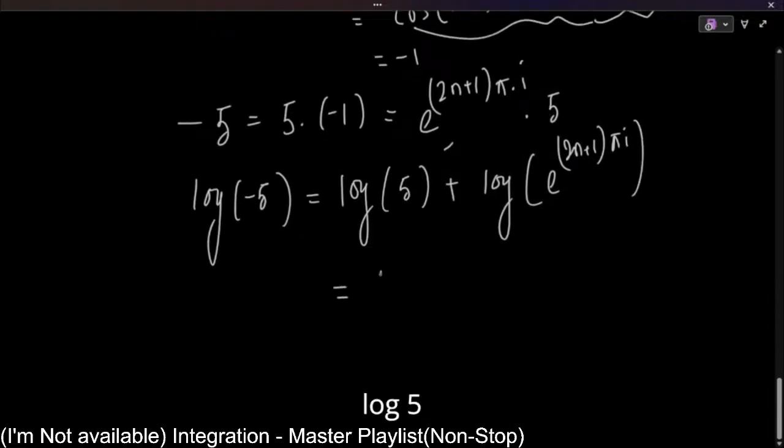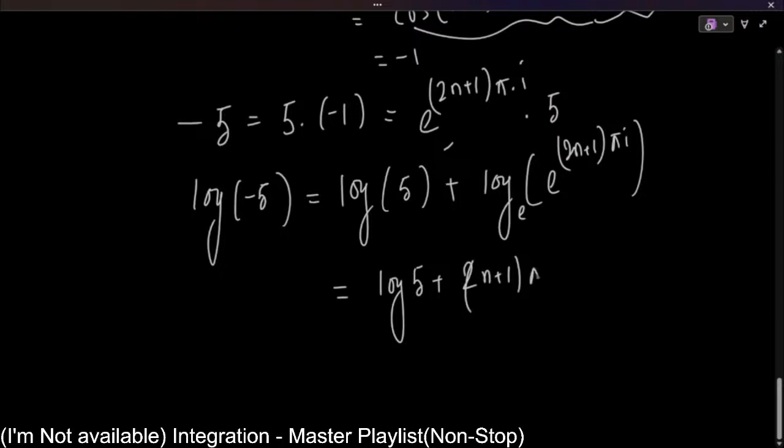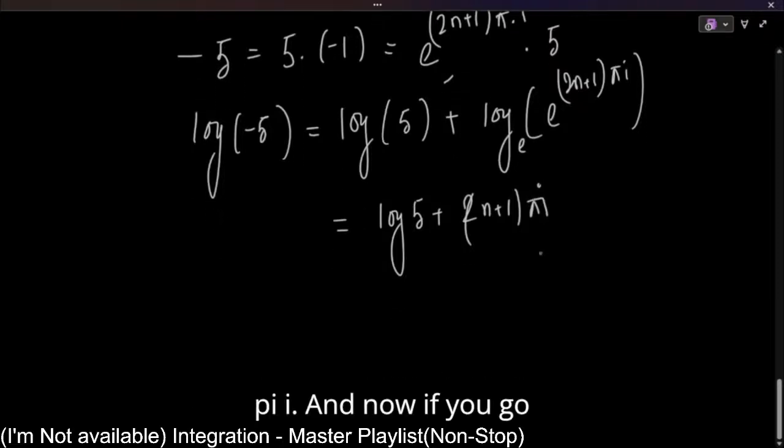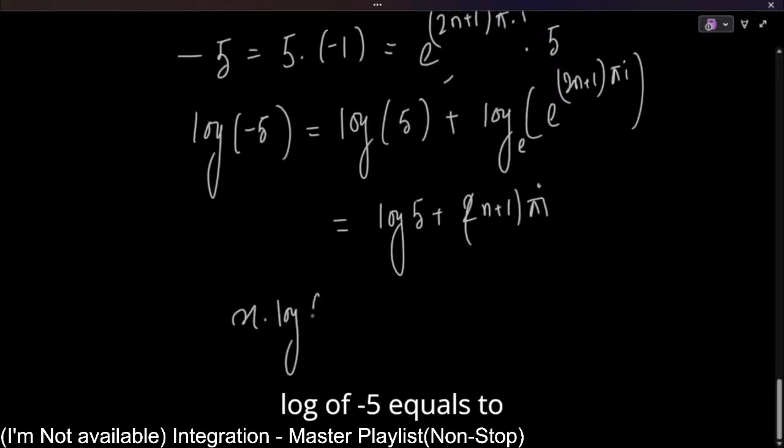This gives you log 5 plus, since the base is e, (2n+1) pi i. Now if you go back to our problem, it was x times log of -5 equals log of 5.